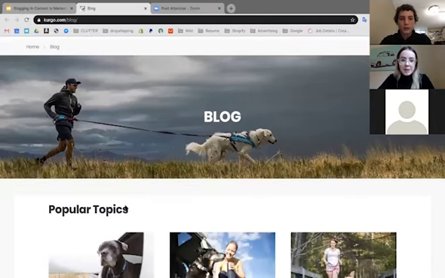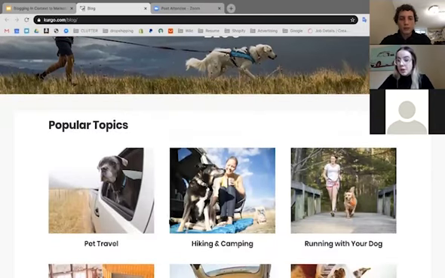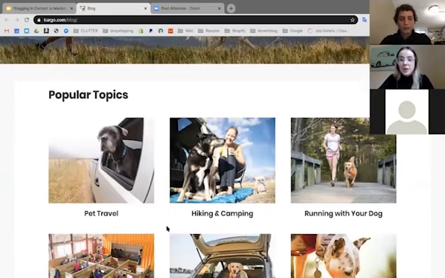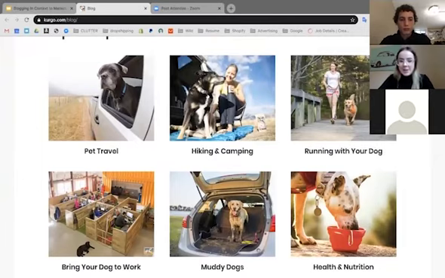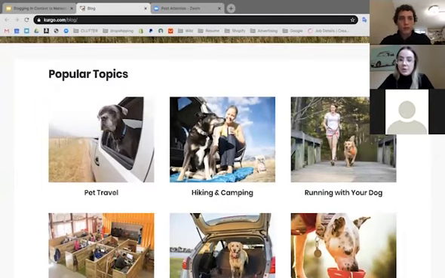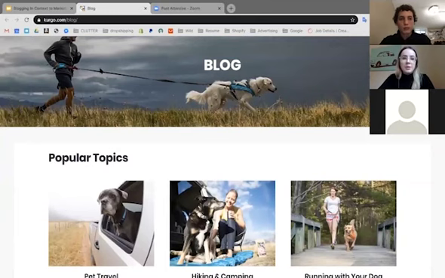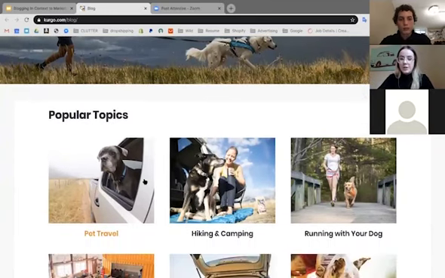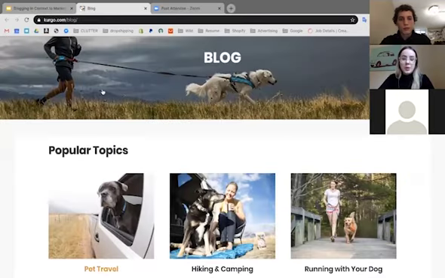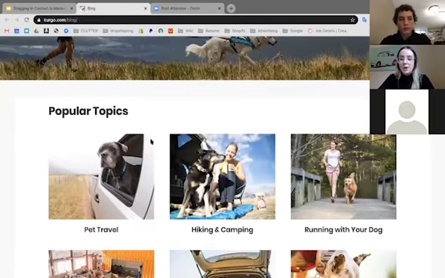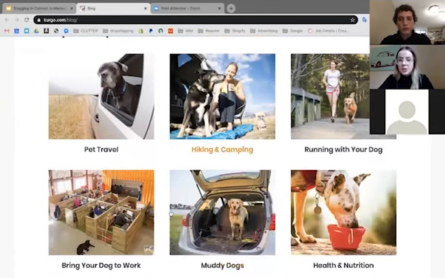They really aim at adventure dogs and hiking and camping and riding with your dog, how to handle muddy dogs, and then just traveling overall with your dog. Out of the 3 that I have here, I would say that Kurgo is the top one that I would like to model after.